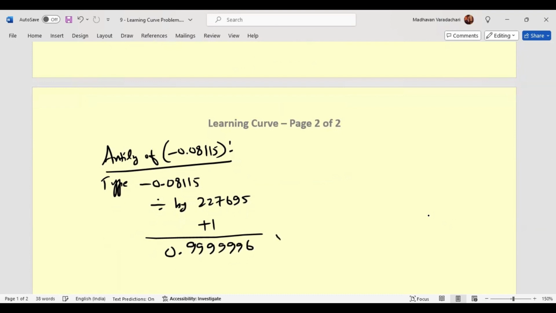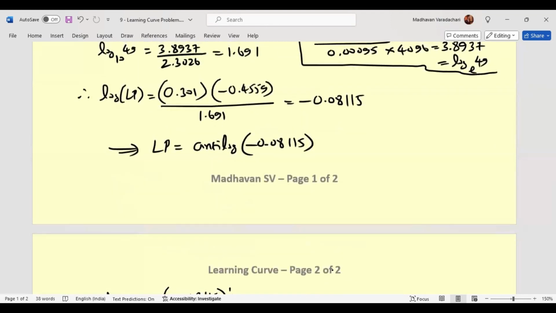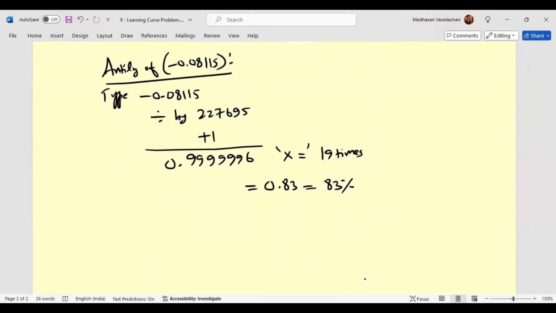Then type multiply equal 19 times. You get a result 0.83, which is nothing but 83%. So our anti-log is 0.83. Therefore, the minimum learning percentage is 83%. So that is the solution of this particular question.